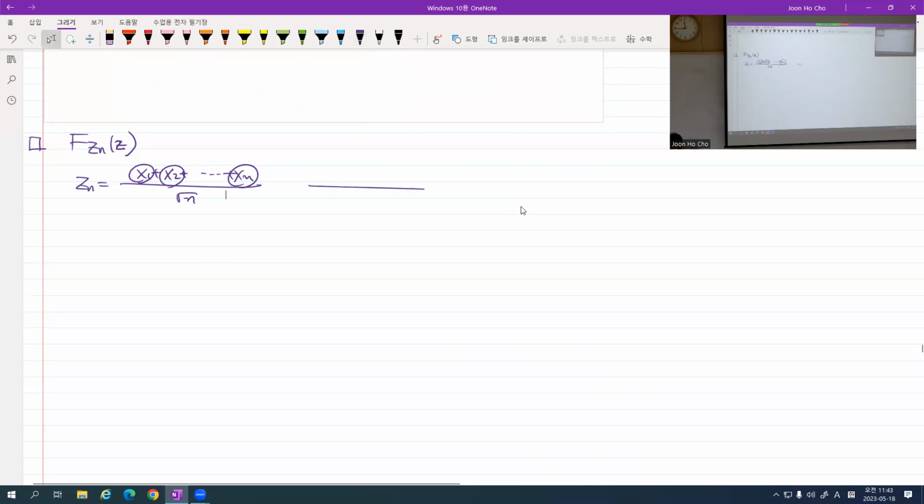So if you just plot a histogram, it ranges from negative square root n to square root n. If the xi's are all ones, then you have n times 1 divided by square root n, right? So the maximum of z sub n is square root n, and the minimum is negative square root n.